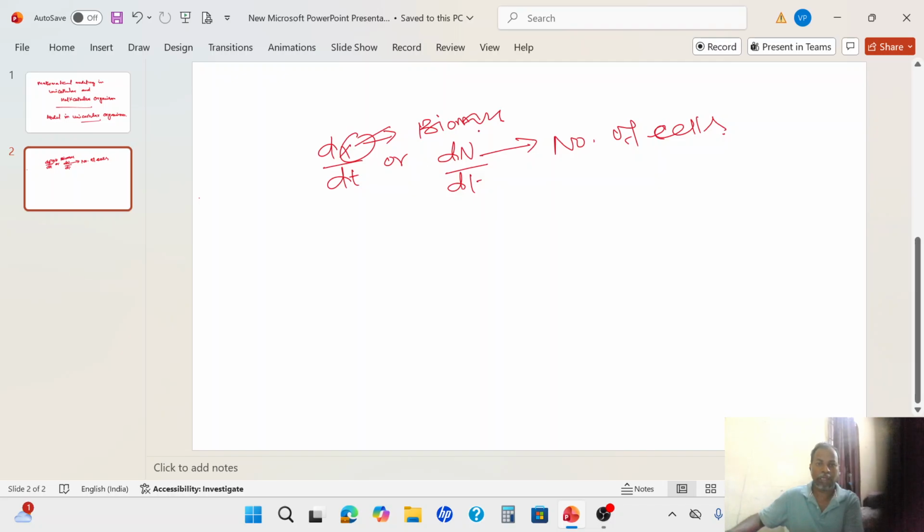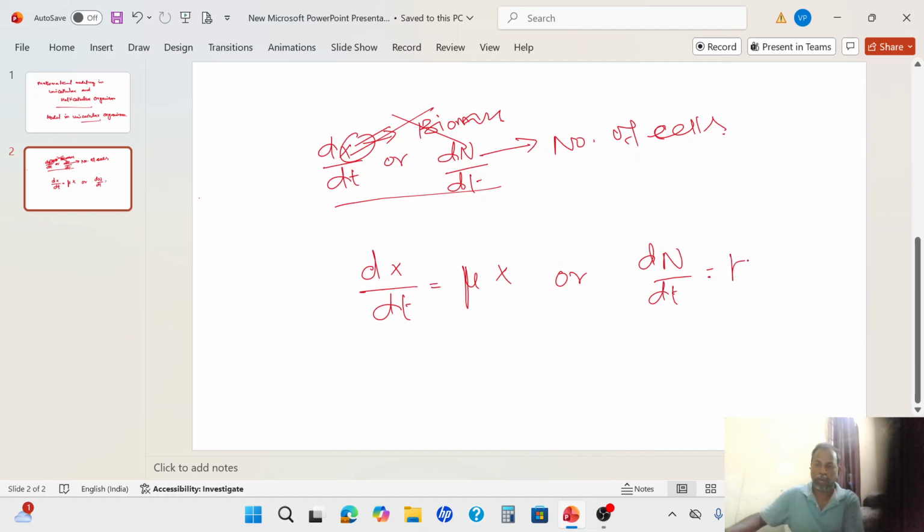Both the x and the n obey the same pattern of growth with respect to time. So this can be written as dx by dt is equal to mu x, or dn by dt equal to k into n.